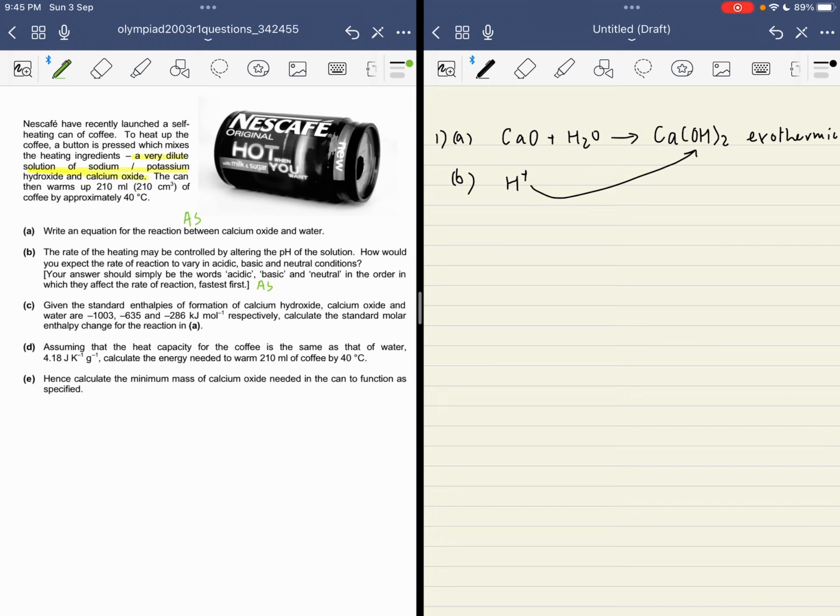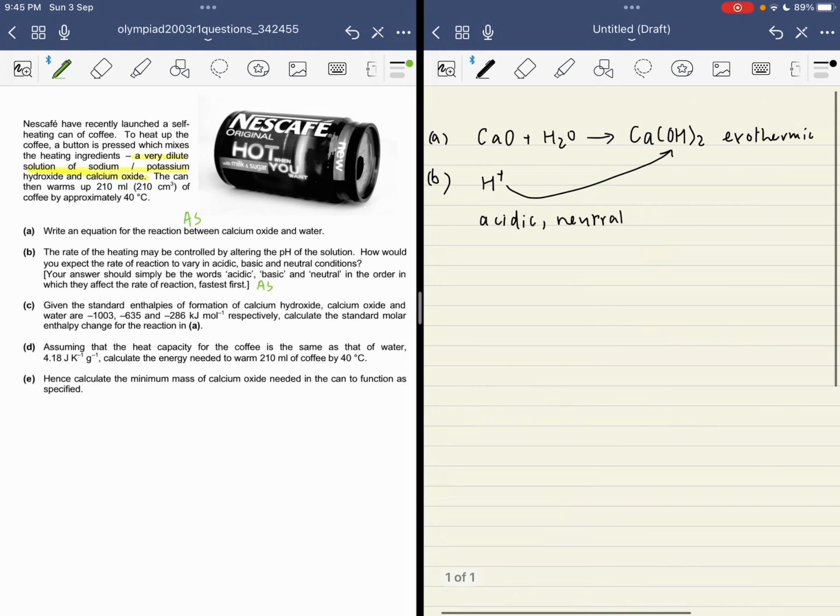And so we will expect the rate of reaction to be greatest in an acidic condition, followed by a neutral condition, and finally a basic condition.